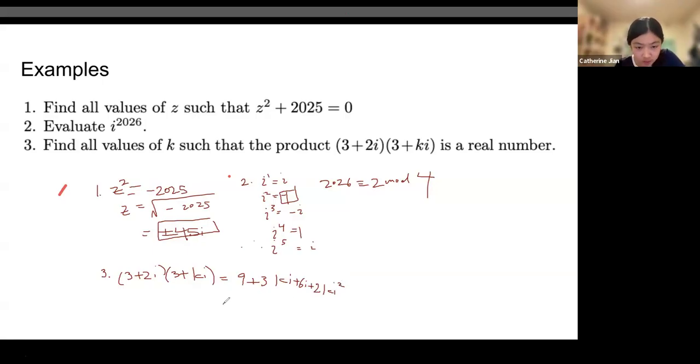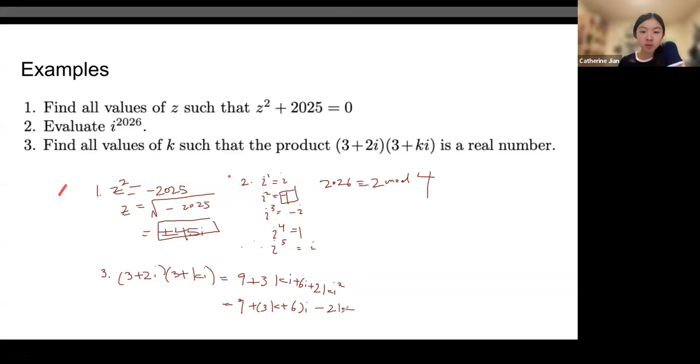So we can simplify this. So this is 9 plus 3k plus 6i, and then we see that i squared is just negative 1, so this is minus 2k.